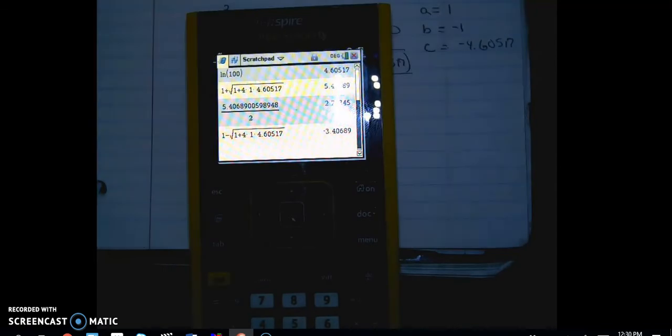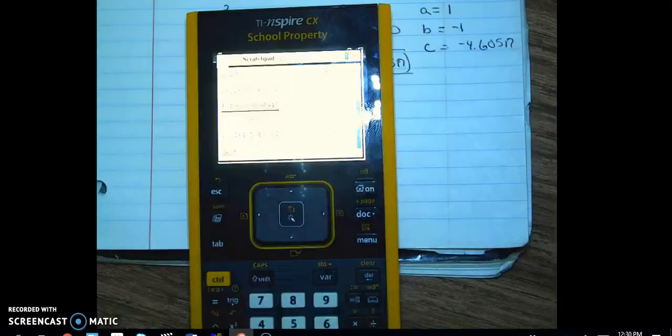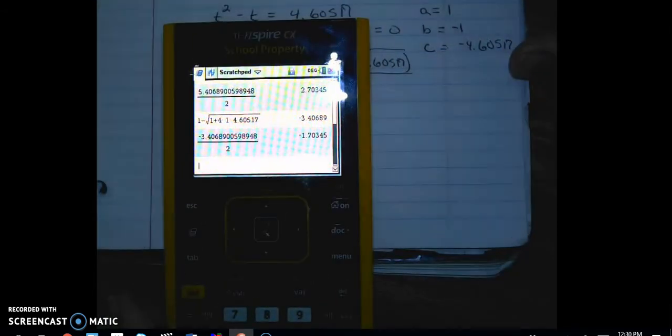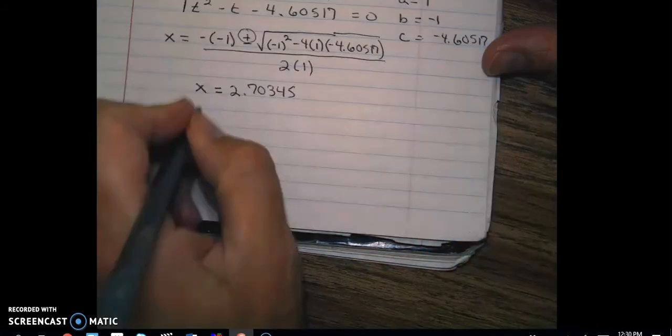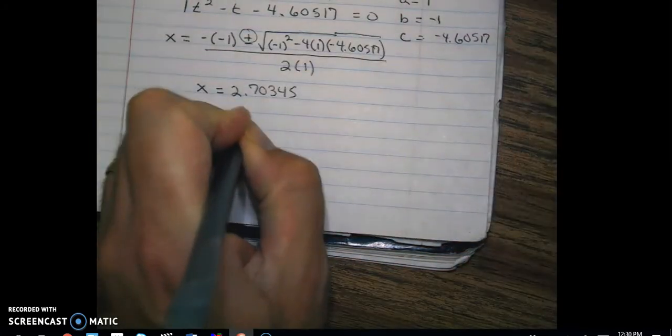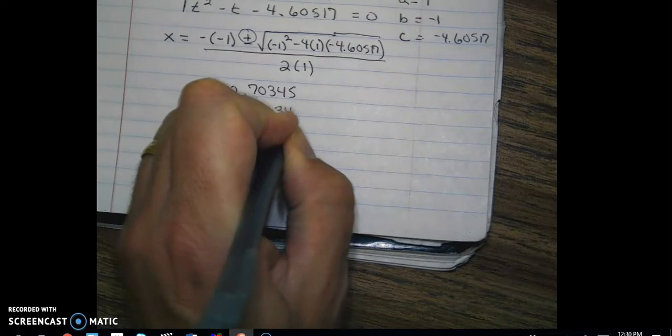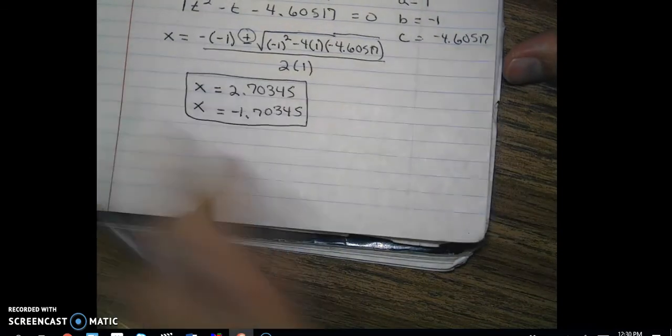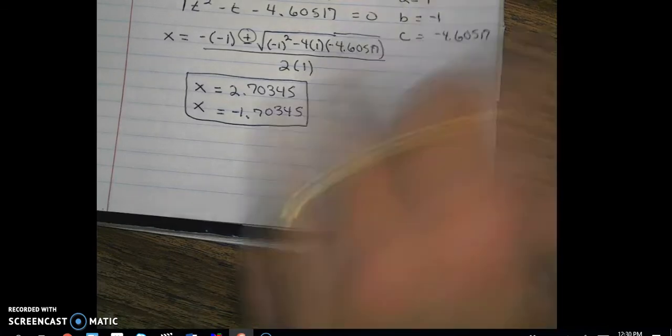Enter, and then divide that by 2. And we get negative 1.70345. And there are your 2 answers. Okay, let's move on. Number 3.